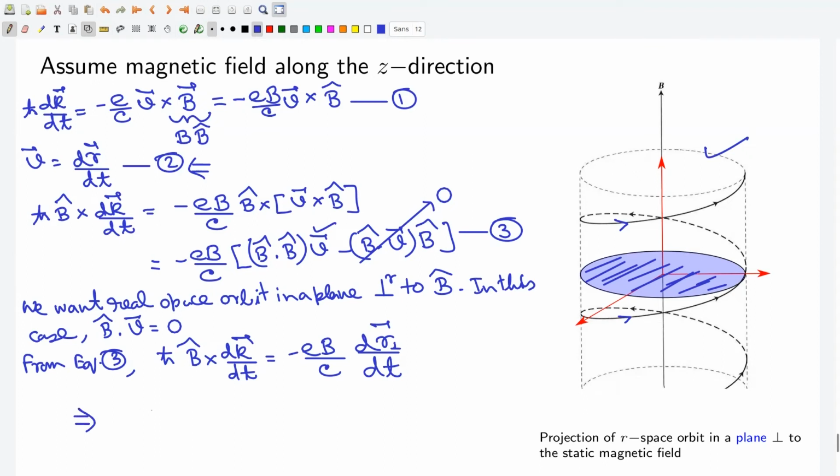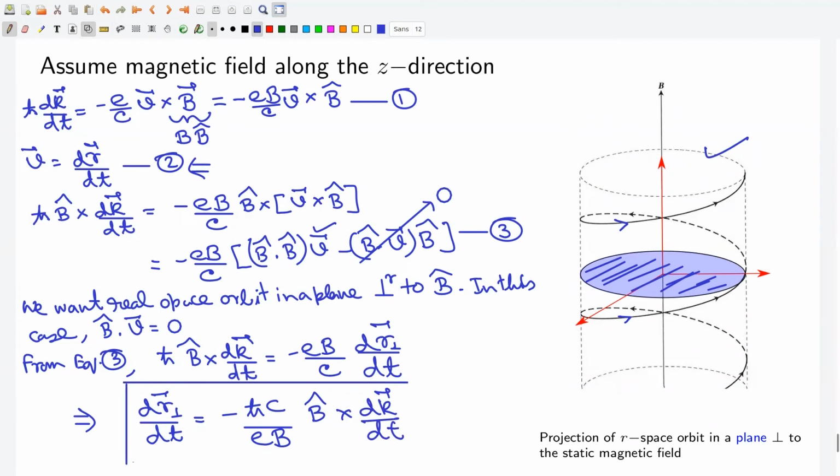Finally, we can write it as dr perpendicular/dt equals minus ħc/(eB) B hat cross dk/dt. Thus, the projection of the real space orbit in a plane perpendicular to the field can be obtained from the k space orbit.